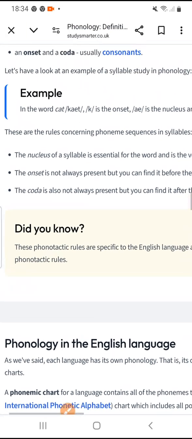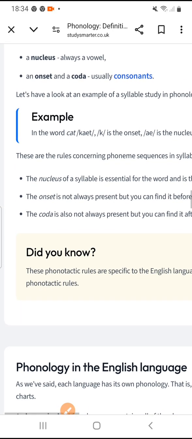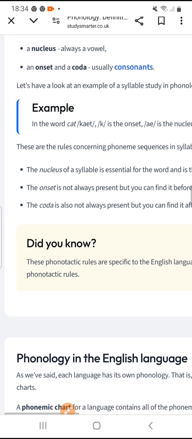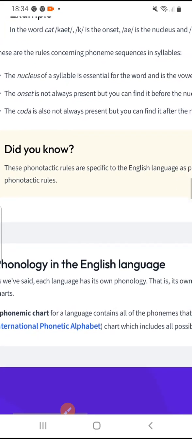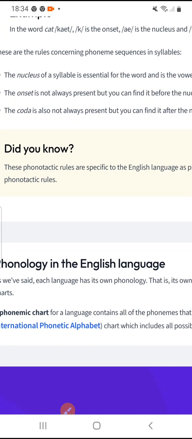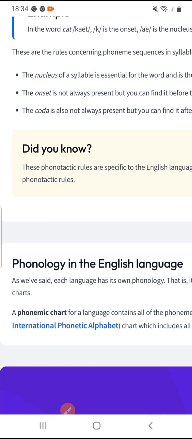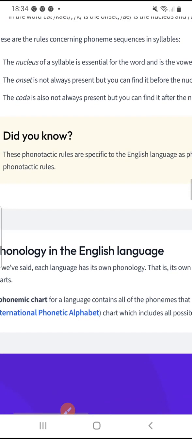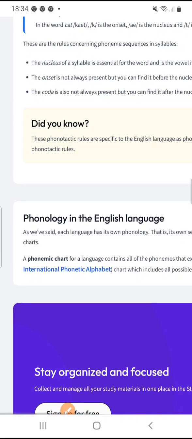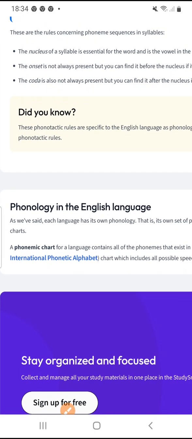So these are the new terms: coda, onset, and nucleus. In the case of cat, K is onset, T is coda, and A is nucleus. Now there are rules concerning phoneme sequences in a syllable.